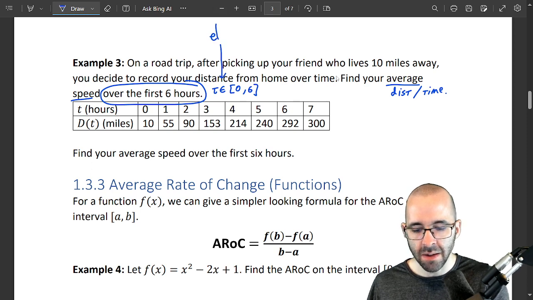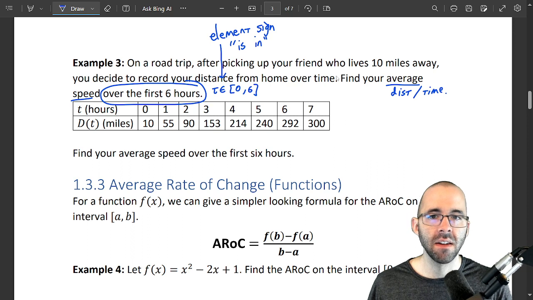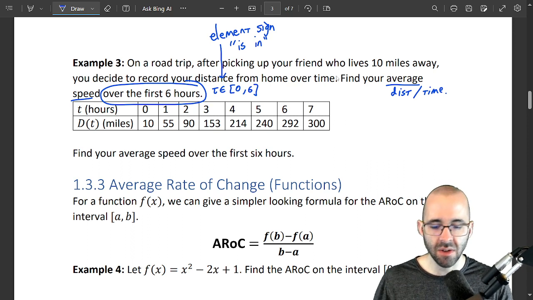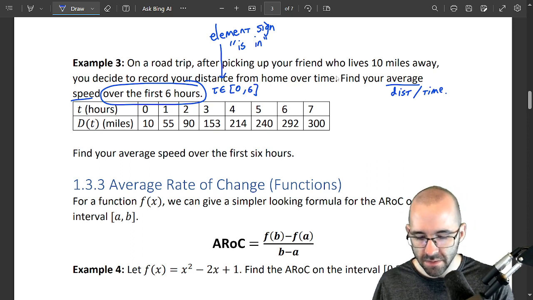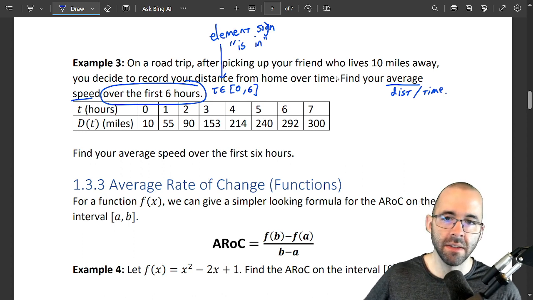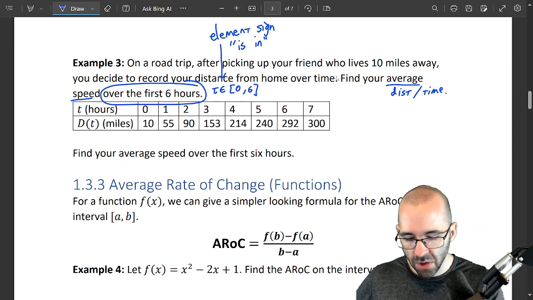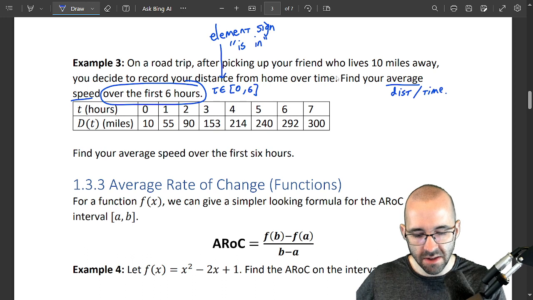This is what's known as the element sign. And it just means t is in. So t is in the interval 0 to 6. All right, just shorthand.